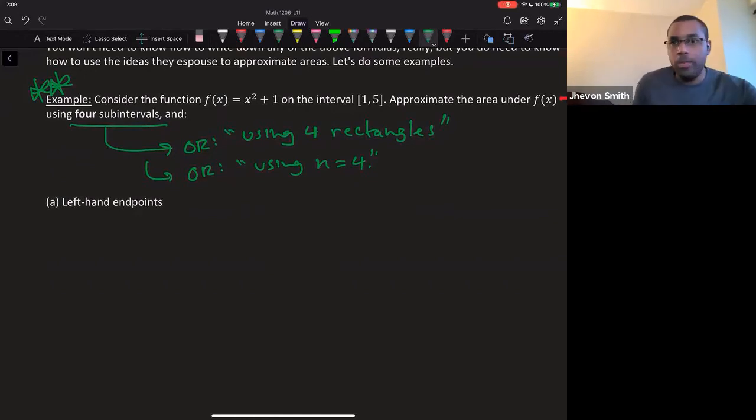The first thing you're going to do is figure out what your delta x is, because it's always going to be important, and it's relatively easy to figure out.